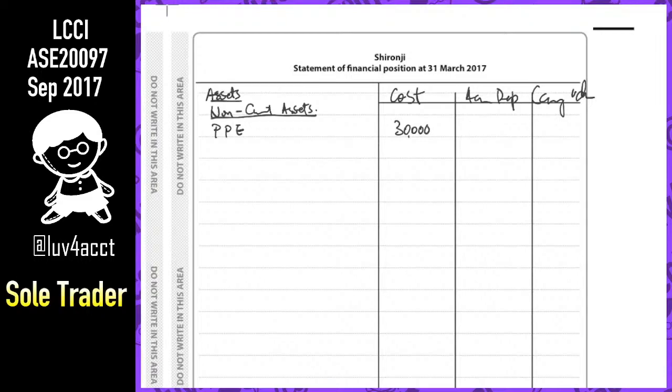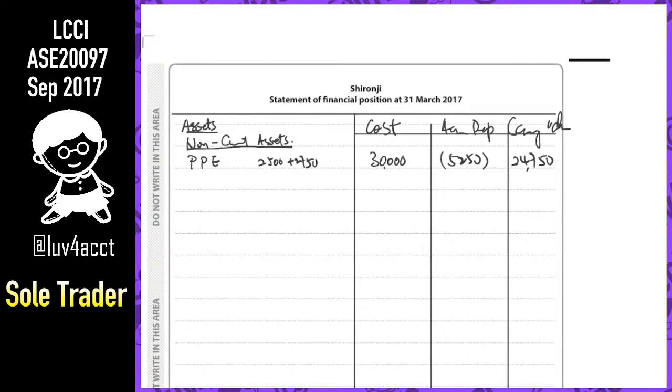So 30,000 minus 2,500, and then we have 10%, that is 2750 for current year depreciation. That would be 5250 and then 24750 for carrying value. So non-current assets finished.